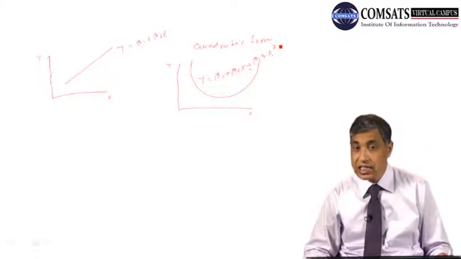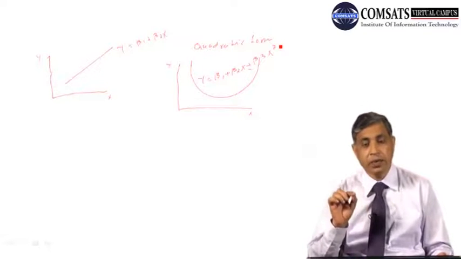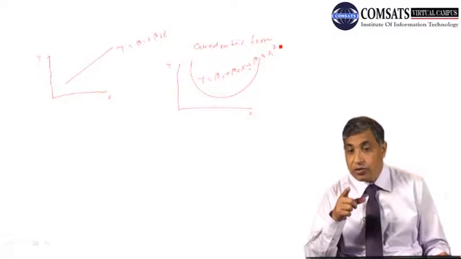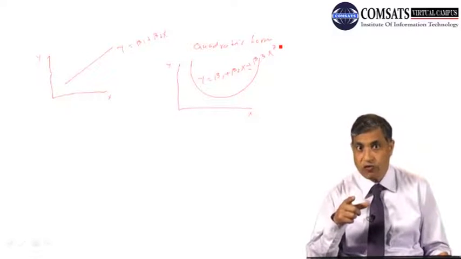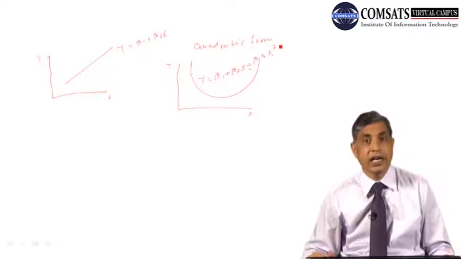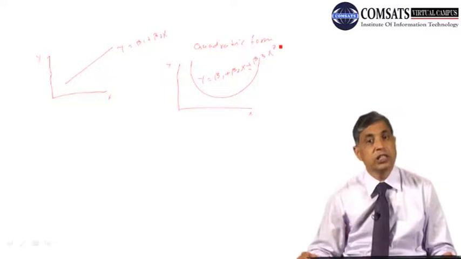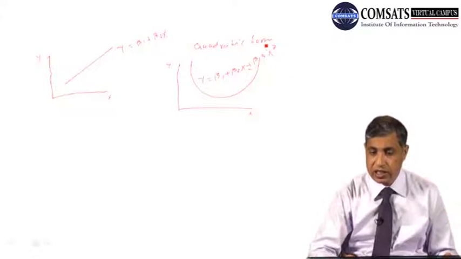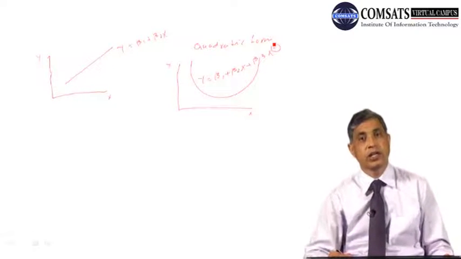Now if you see clearly, beta 1, beta 2 and beta 3 are the coefficients, the parameters. The model is linear because the index and the power of these betas is equal to 1. But if you look at this, you will see that this power has become non-linear.